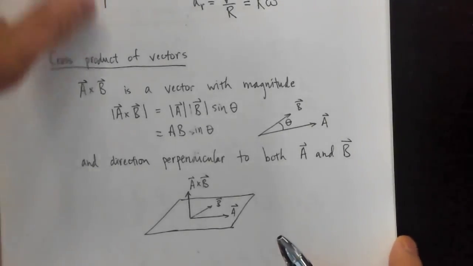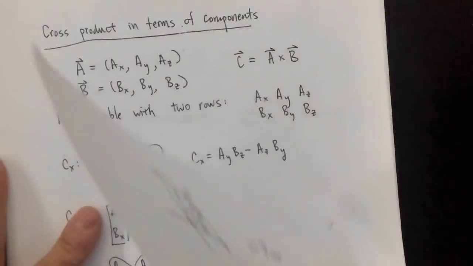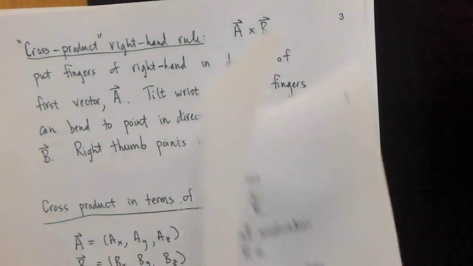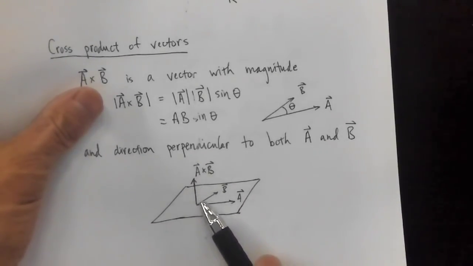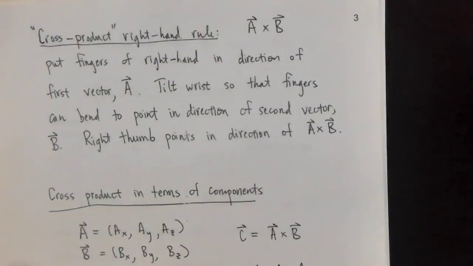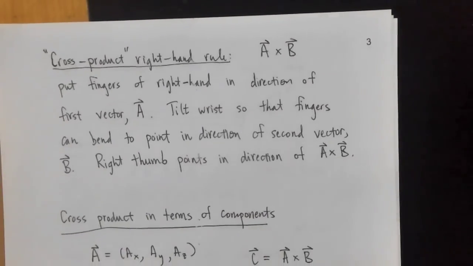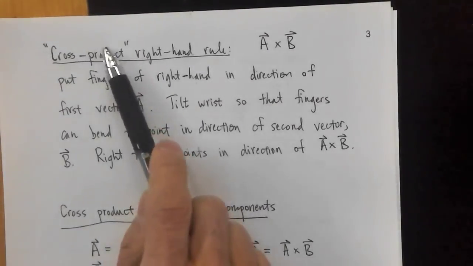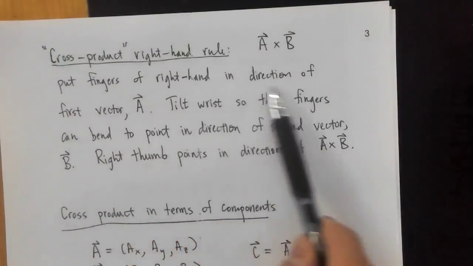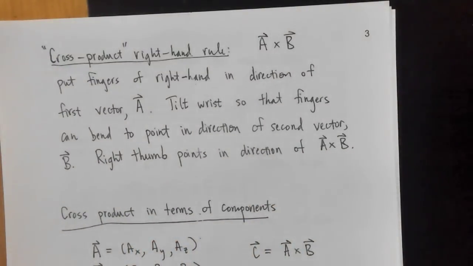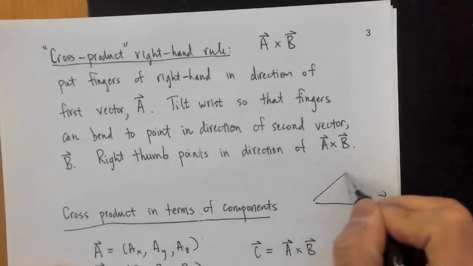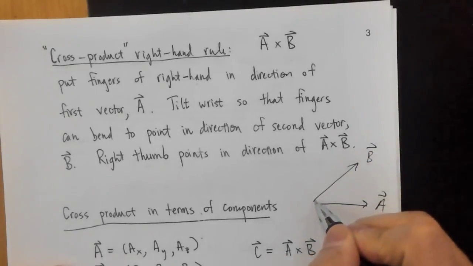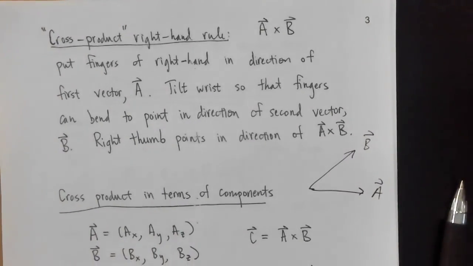Okay. Now, in order to figure out which of those directions it is, whether it's this vector or the opposite, downward-going vector, we use the cross product right-hand rule. The rule for A cross B: you put your fingers in the direction of the first vector, A. So let me have a vector A and a vector B in the plane of my sheet of paper or the screen.